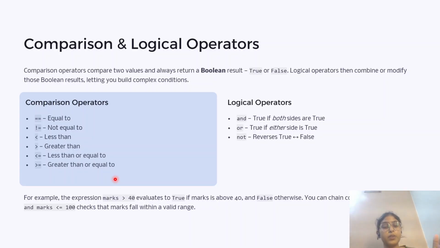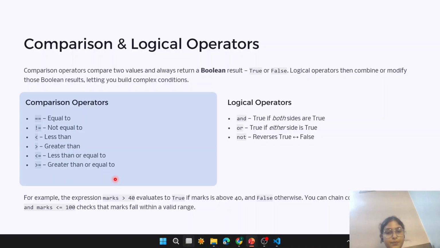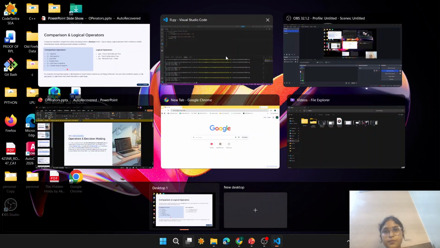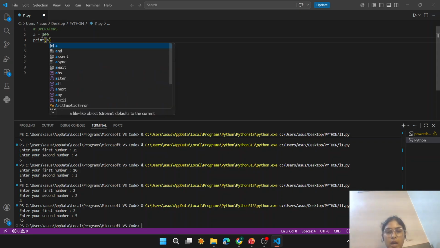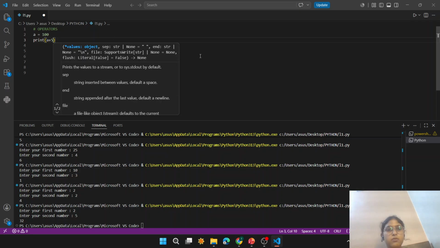If we keep writing score plus 5 again and again, our code will be repetitive. For example, if I have a certain score like 100, and whenever I run this it should add 5 to it.